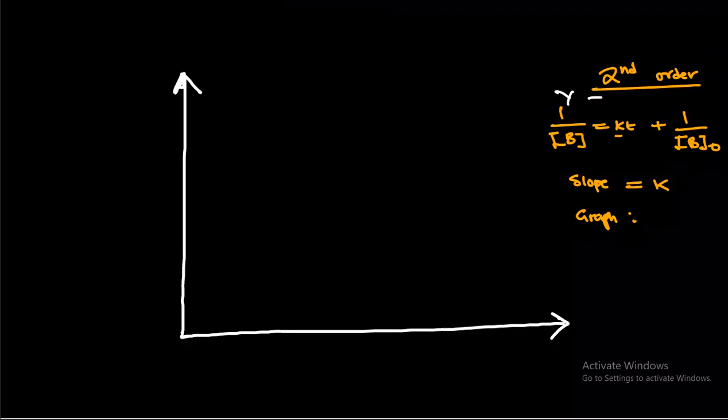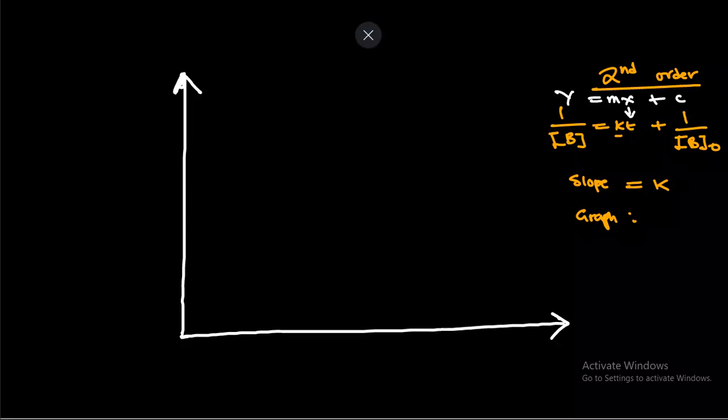y = mx + c. So you can see that a graph is always between the y-axis and the x value.